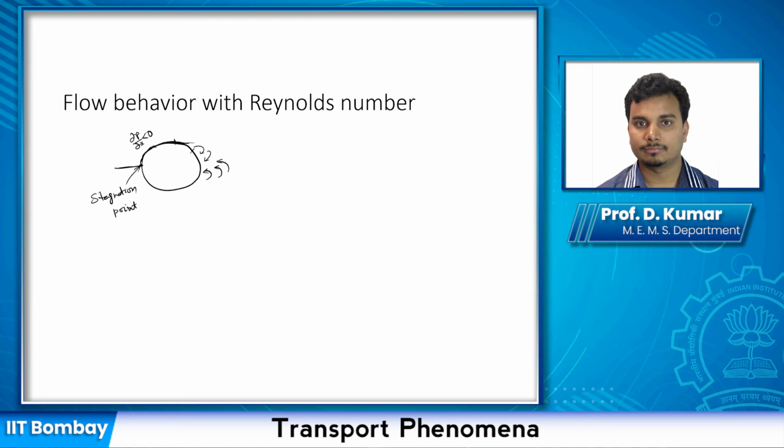So as we increase the Reynolds number, the point where this flow separates keeps moving up, and at large Reynolds number you have the flow separation that happens at 85 degrees or so, while the boundary layer flow still remains laminar.